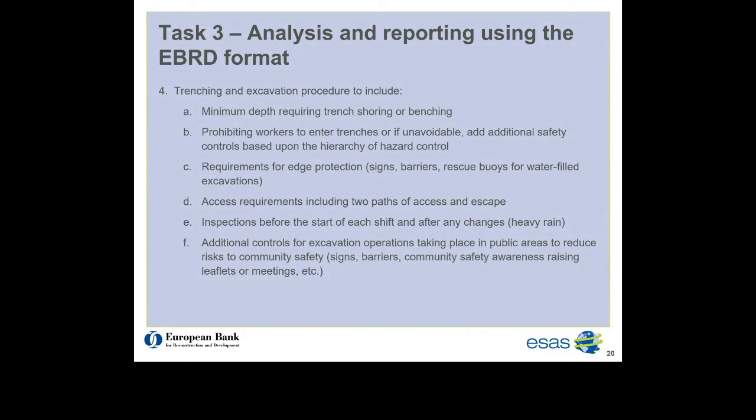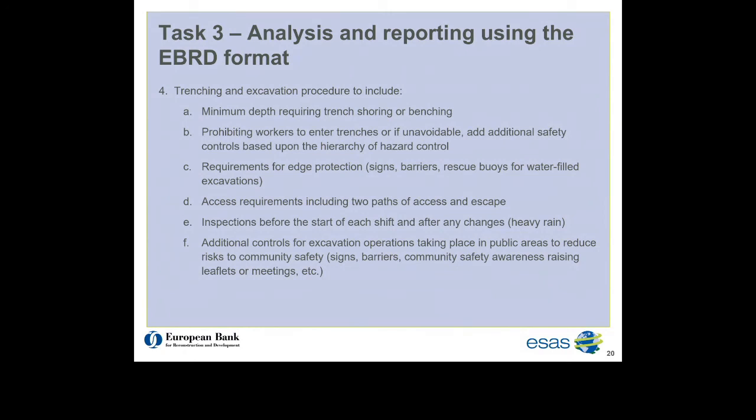Furthermore, the procedure needs to state the requirements for edge protection, including signs, barriers, or rescue buoys and lines for water-filled excavations. It also needs to define excavation access requirements, ensuring there are always two paths of access and escape.